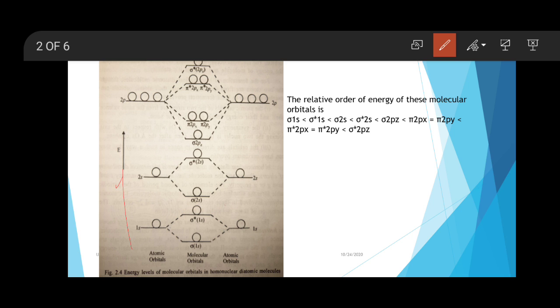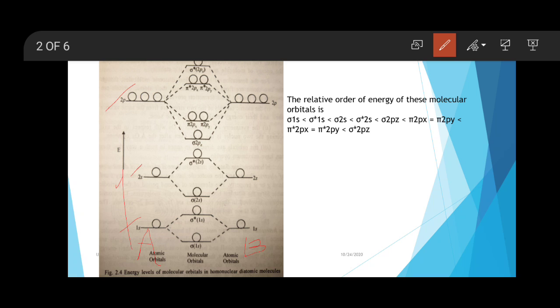So these are the atomic orbitals of the first atom, let's say A atom, and these are the atomic orbitals of B atom. The first orbital of A atom is 1s, the second one is 2s, and the third one is 2p. The 1s orbital is singly degenerate, the 2s orbital is also singly degenerate, but 2p orbitals are triply degenerate.